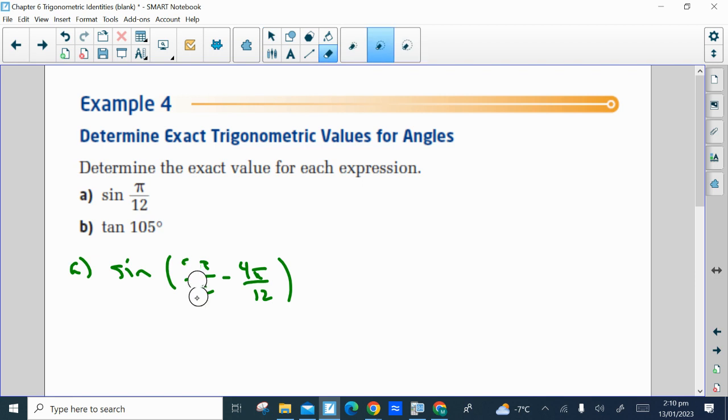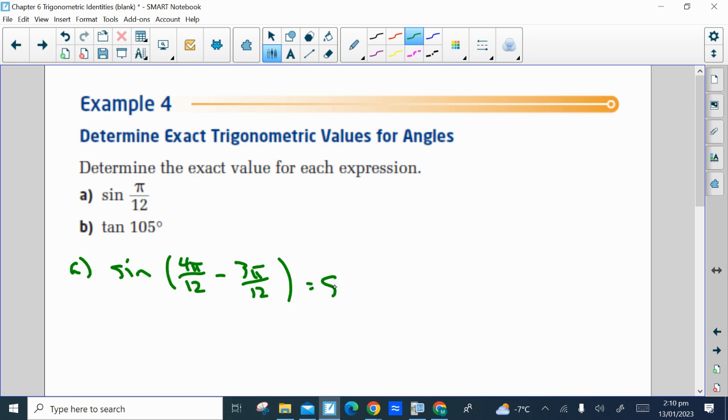Often there's more than one set that will work, but one set that will work here, I believe, is 4 pi on 12 take away 3 pi on 12. That will work because 4 pi on 12 reduces to pi on 3, which is on the unit circle, and 3 pi on 12 reduces to pi on 4, also on the unit circle.